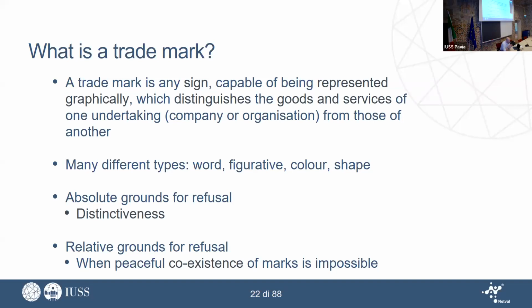A trademark must be distinctive. The first problem for a trademark is the lack of distinctive character. If it isn't distinctive, it will be refused by the European Patent Office.